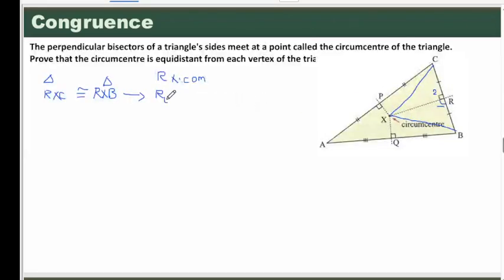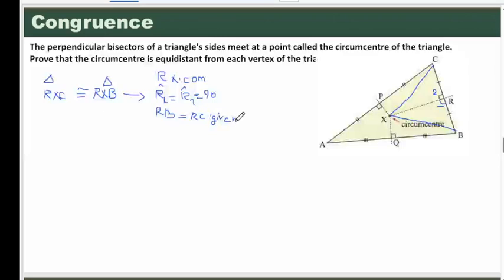The angle R1 equals R2 equals 90 degrees. And now I go RB equals RC. Given information, so I only write given.